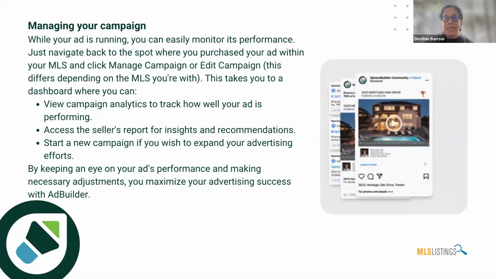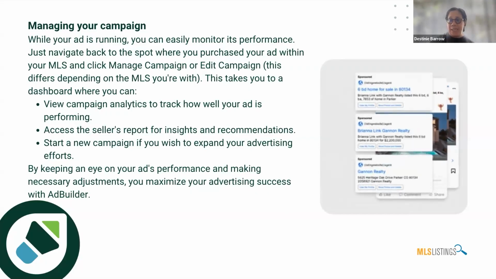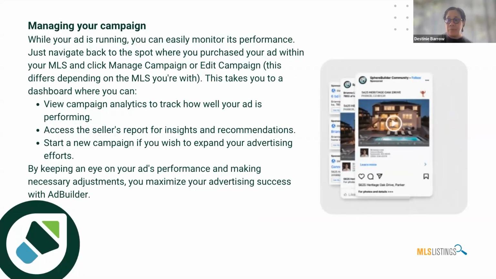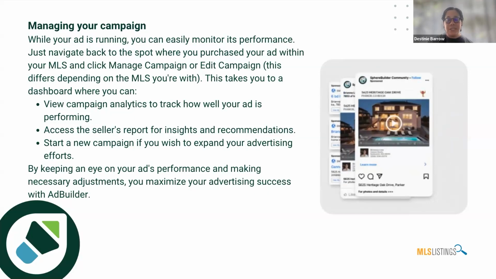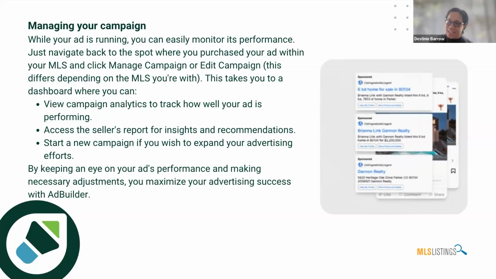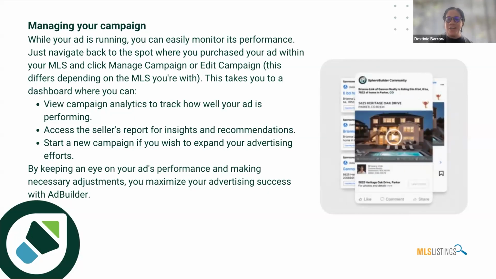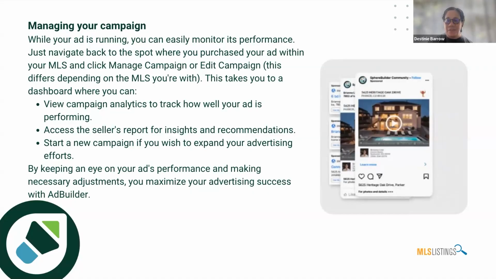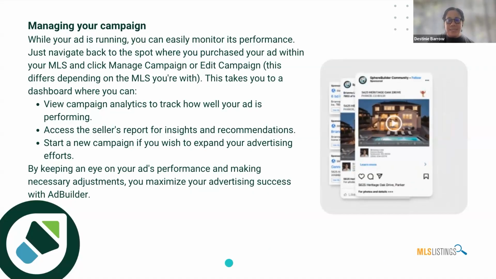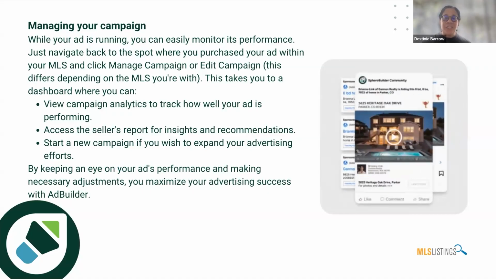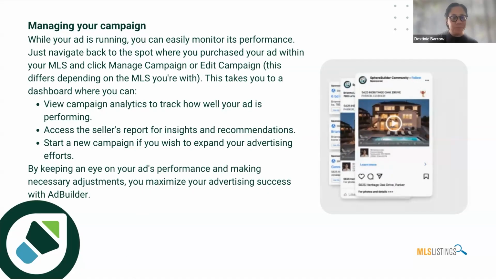This will lead you to a dashboard where you can view campaign analytics to assess how well your ad is performing, assess the seller's report for valuable insights and recommendations, and initiate a new campaign if you're looking to broaden your advertising efforts. By actively monitoring your ad's performance and making necessary adjustments, you can enhance your advertising success.